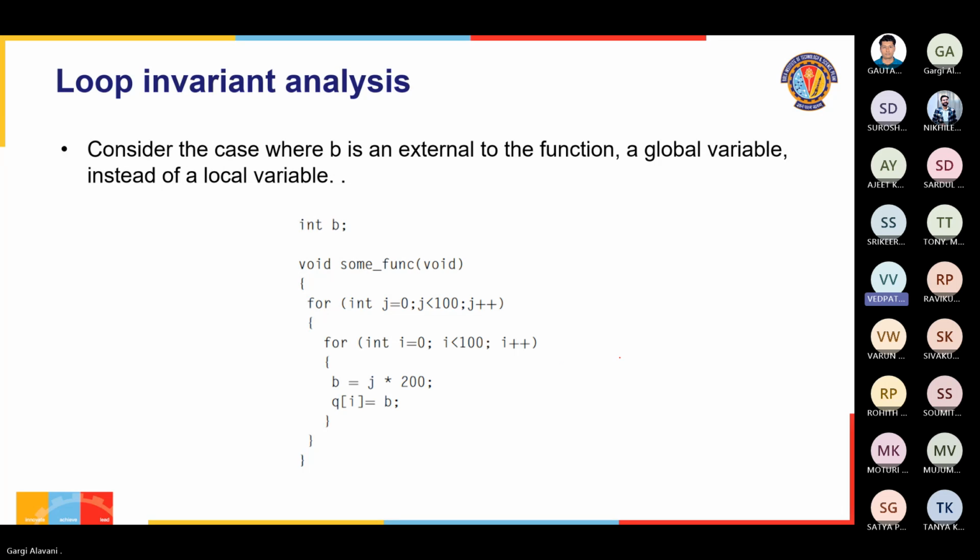Not really, because B is outside, so the compiler won't be able to understand, or will not be in a position to decide whether it can optimize it or not. In such cases, the programmer will have to take the call, and we cannot depend completely on the compiler to fix such cases. Correct? Yes, true.